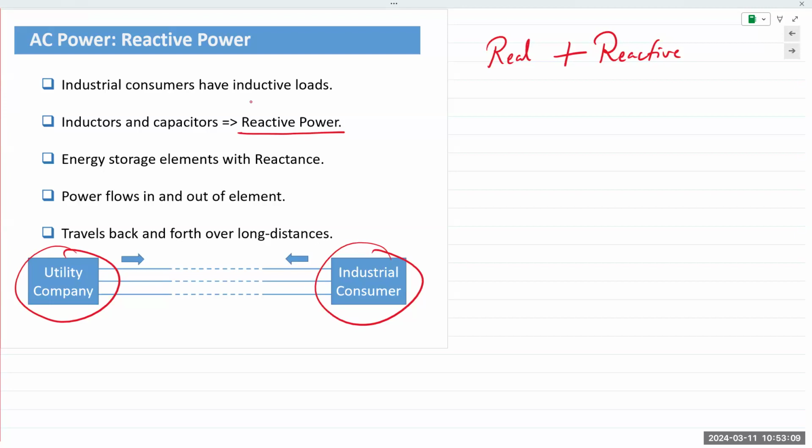All right. So obviously, we do not want to send the power back and forth over long distances. For those of you who have done lab 8, you did power factor correction. That is the technique we employ when we place a capacitor in front of the inductive load. So I stated power goes from the utility company to the industrial customer into the inductive loads.